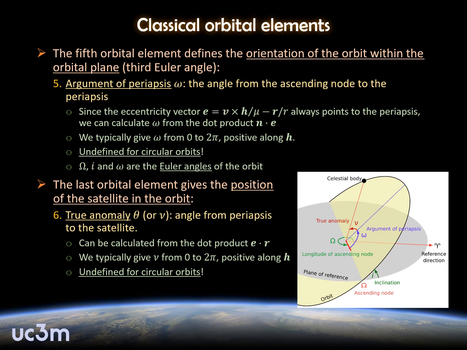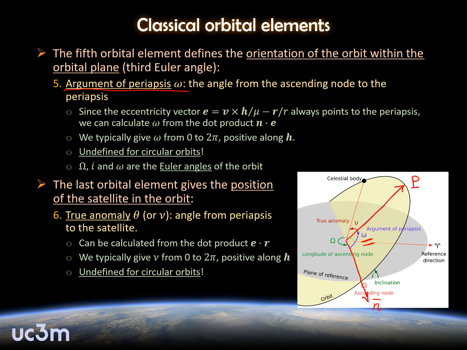So starting from the line of nodes, from vector n that we have defined before, we will apply our third rotation until we find the pericenter of our orbit. This will be called small omega, or argument of the periapsis, or pericenter, it is the same thing.